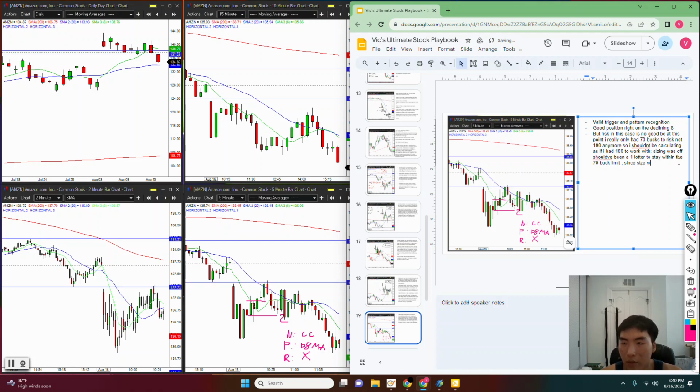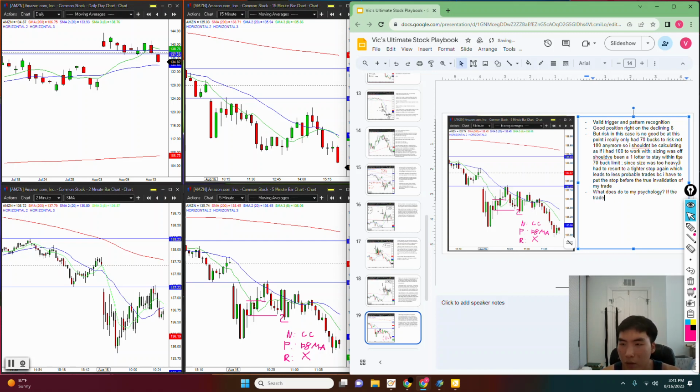Since size was too heavy, I had to resort to a tighter stop again, which leads to less probable trades, because I have to put the stop before the true invalidation point of my trade. What does that do to my psychology?